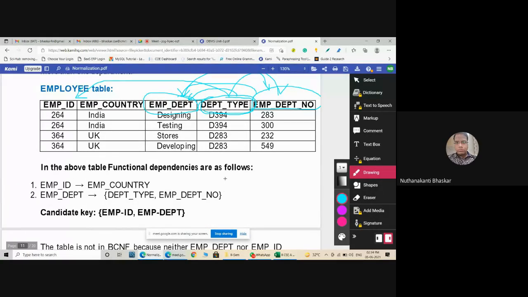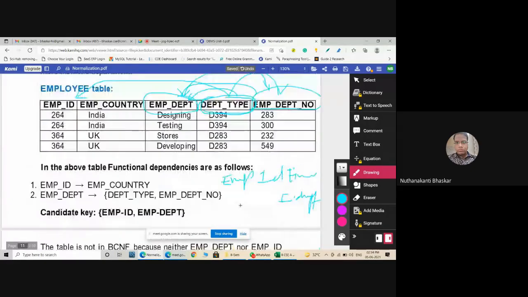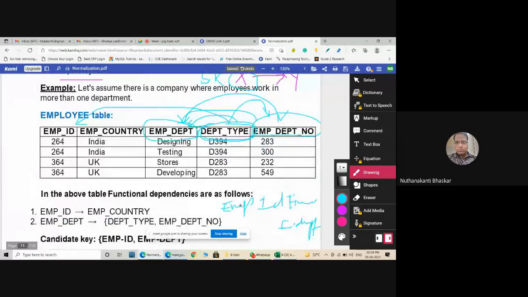Means we need to design EMP ID, employee country, and employee department as one relation. Are you following? Another relation is employee department and employee ID. Are you clear?